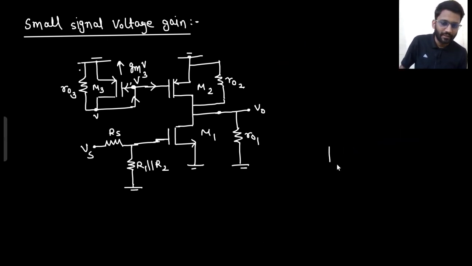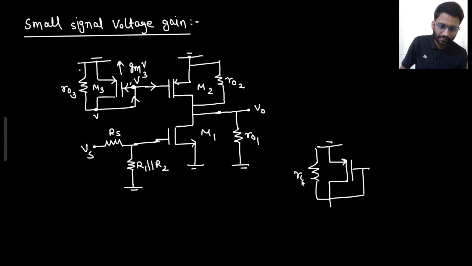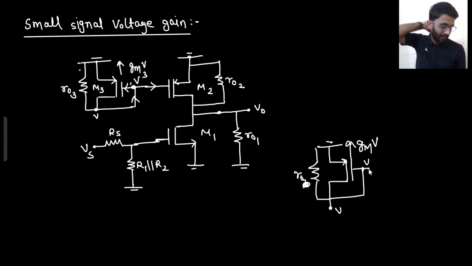What is the circuit? This is the circuit. These are shorted. This is also shorted. Here there is R0, and this is potential V. This potential V is carrying here as well. If this is V potential, that means here there is gmV current. Forget about this R0. You need to find the impedance from here.